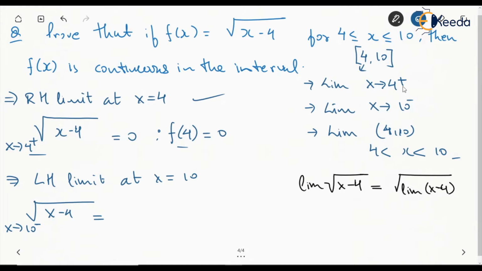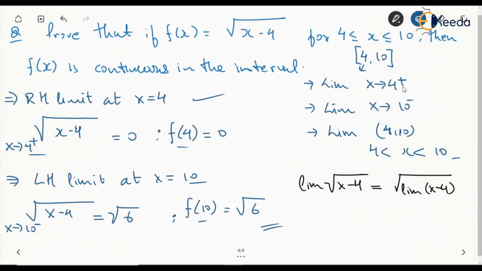In that case, this is going to be 10 minus 4, and that will be under root of 6. And also we can check that the function value at 10 will also be under root of 10 minus 4, so that is under root of 6. So we can see that the left hand limit at x is equal to 10 and the function value at 10 are all same. So this check is also fine.